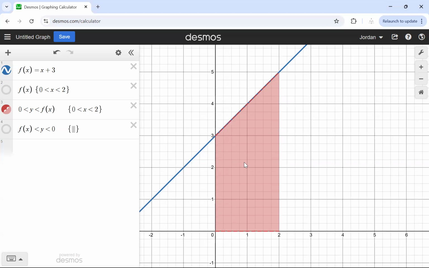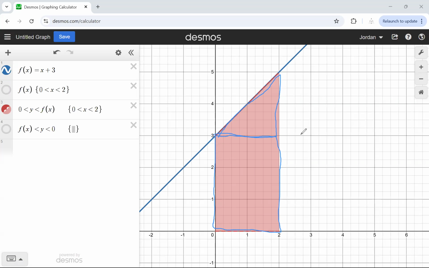Now, what we can do for this one is break this up into a triangle and a rectangle. We know the formula for the area of a triangle. We know the area formula for a rectangle, width times length.